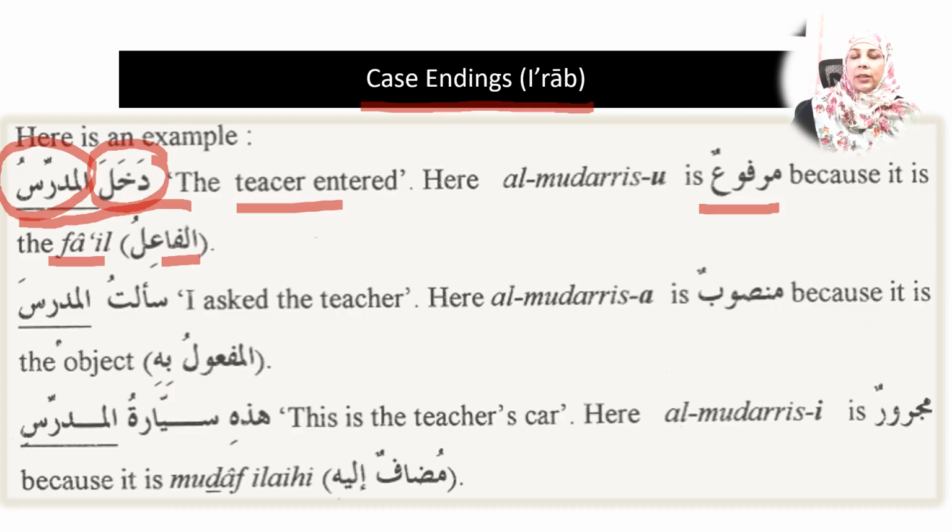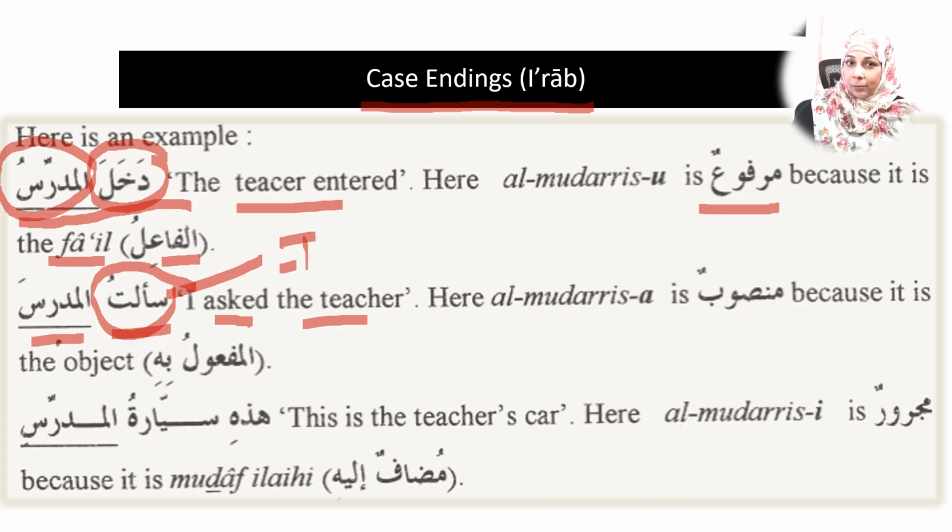Let's look at this next sentence. Sa'altu al-mudarrisa. I asked the teacher. Sa'altu is a verb, and we will inshallah study in the lesson on verbs how the subject I is within this verb sa'altu. That is something we will go into when you study verbs.